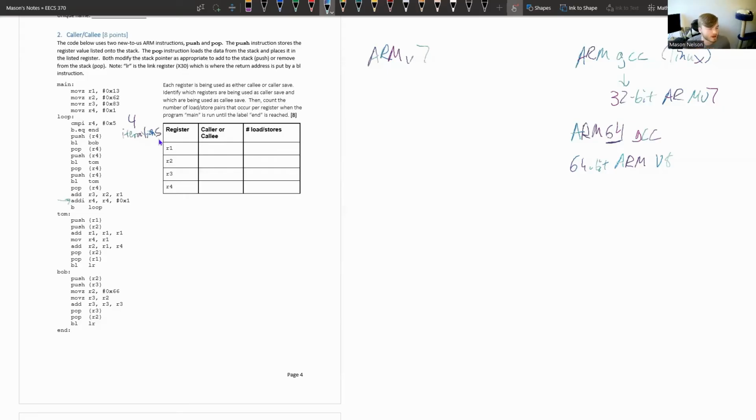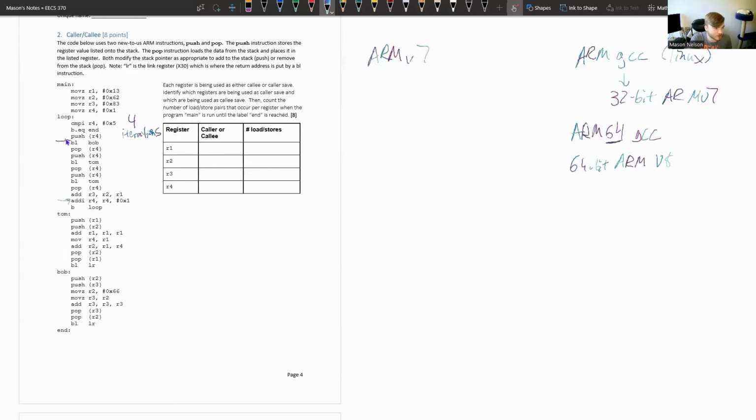All right. So going past the branch, we see a push of register 4 to the stack, then a branch link to Bob, which means that we're doing a function call. And then after Bob executes, we come back, we pop register 4 from the stack, push again, and then we make another function call to Tom, pop register 4, push it again, make another function call to Tom, pop register 4 again, and then we do something with maybe a return value of some sort, doesn't really matter, and then we go back and do another iteration.